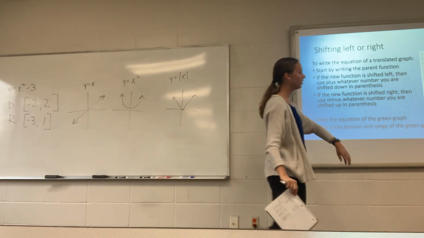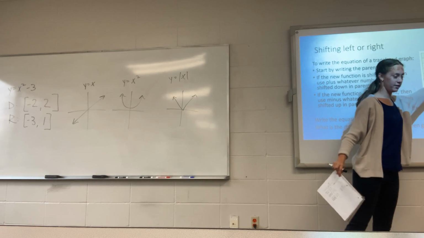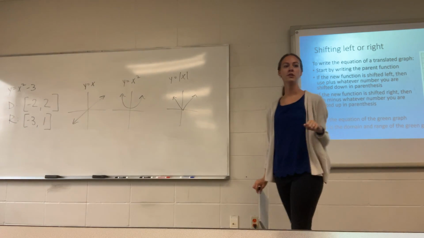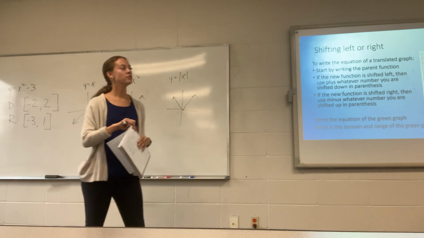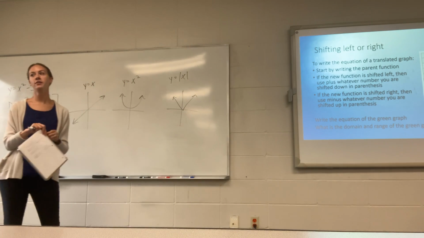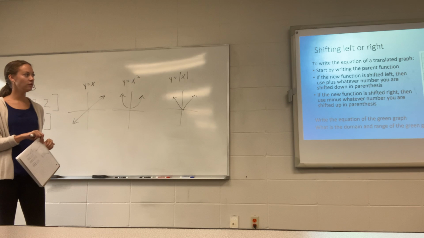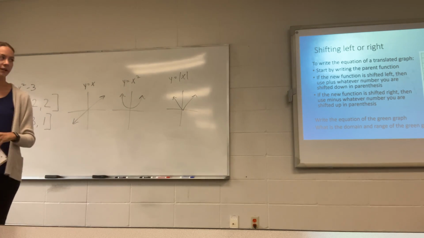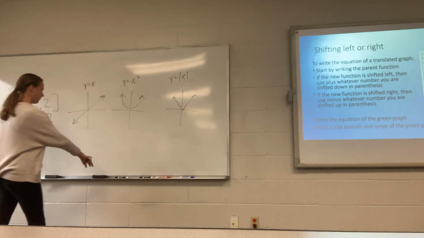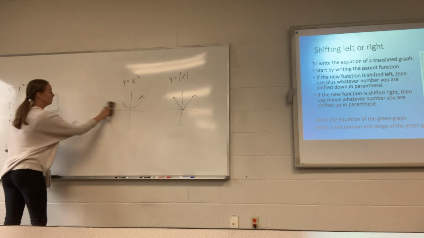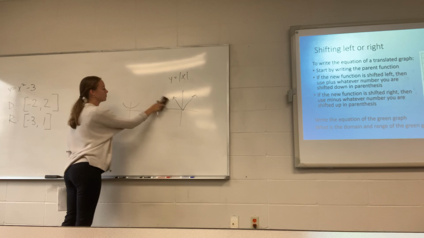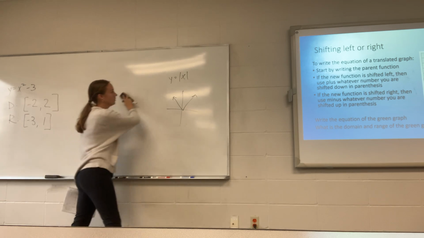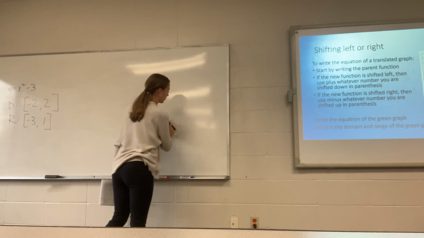So then, looking at this blue graph right here, this is our parent function again. So that's just y equals x squared. Then looking at the green graph, Keaton, how many do I go over? 3. And I'm going to the right, right? So if I'm going to the right, do I want to use plus or minus? The x minus 3. Yeah, it's going to be x minus 3.